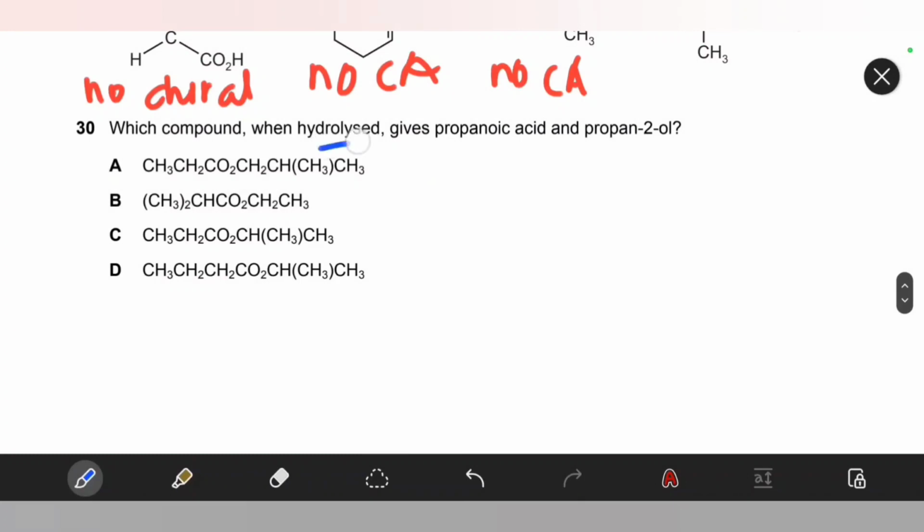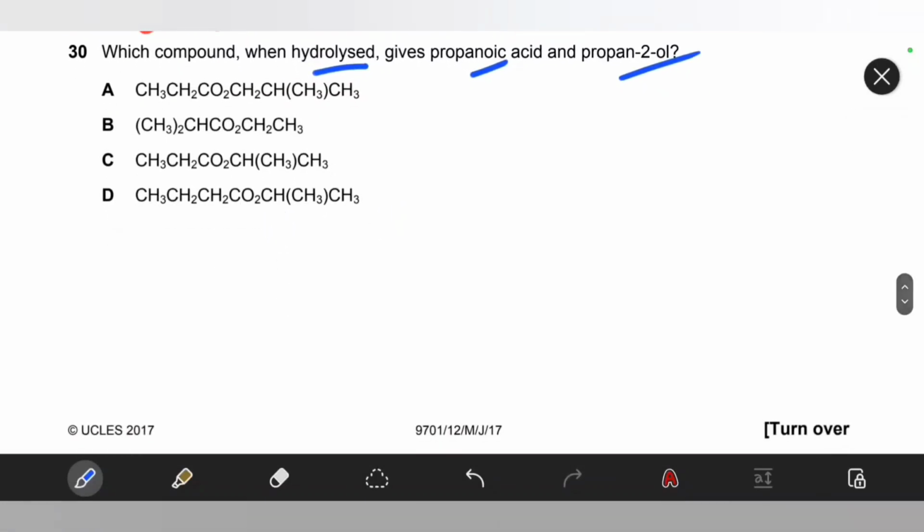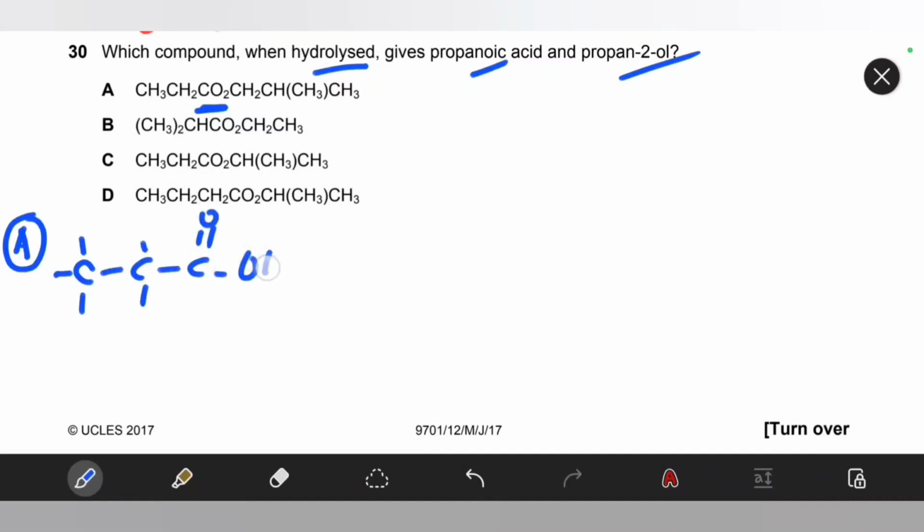Which compound when hydrolyzed gives propanoic acid and propane-2-ol? Okay, so let's try to make these. Let's do A first. Okay, so this is the ester bond. So the part before the ester bond is the acid. This is our acid, which is propanoic acid.